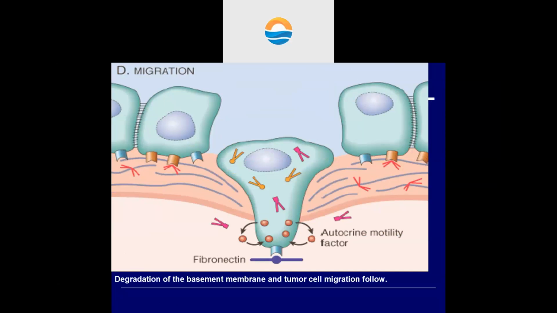You see autocrine motility factor production, which helps to move the cells through the basement membrane. And also you see the connection of the cells with fibronectin, and all that helps tumor cell migration.